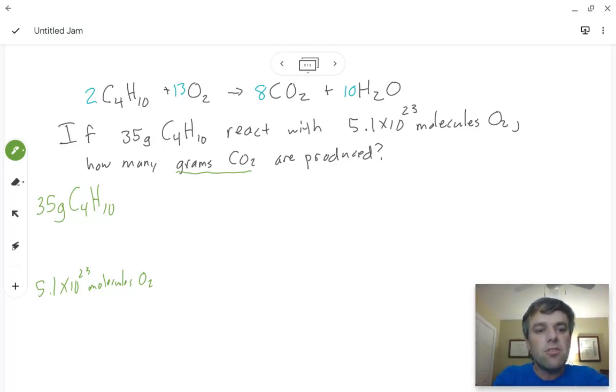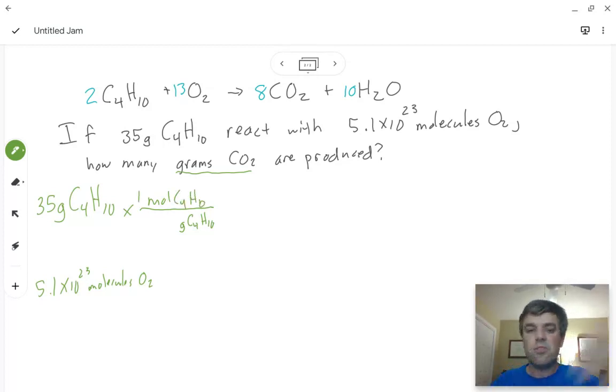So to solve this first problem, we're starting with grams of C4H10. So the first step, since that's not moles, is we need to convert our grams of C4H10 into moles of C4H10, where 1 mole of C4H10 is going to equal the mass of carbon times 4 plus the mass of hydrogen times 10.